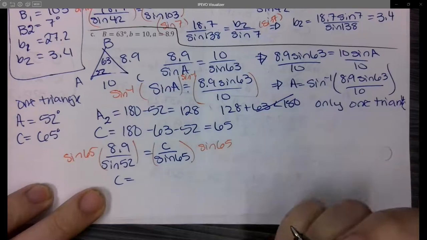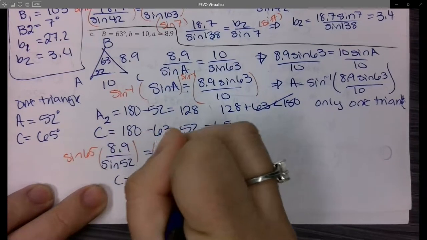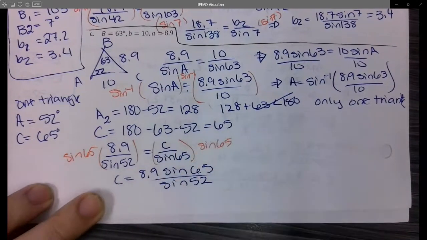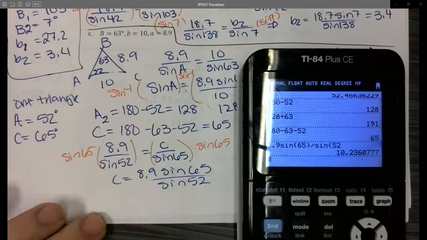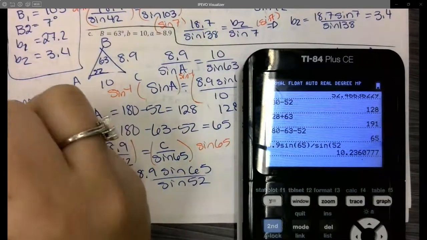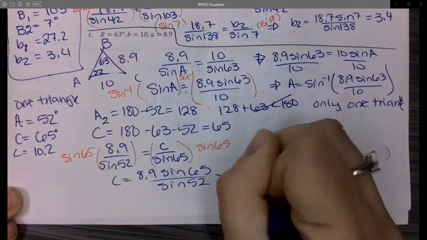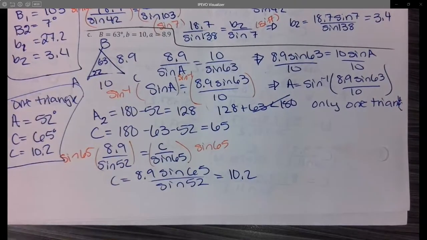This, if I rewrite it, gets me C equals 8.9 sine 65 over sine 52. Then I want to go ahead and type that into the calculator, which gets me 10.2 if I round. So these are my answers for part C.